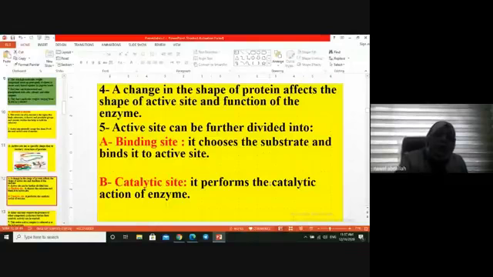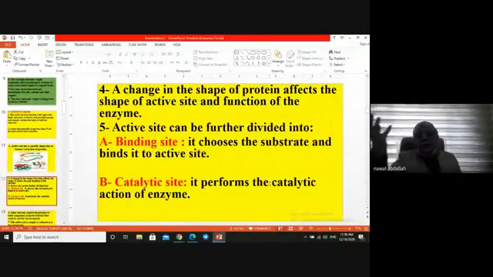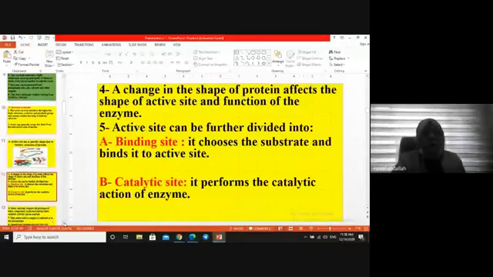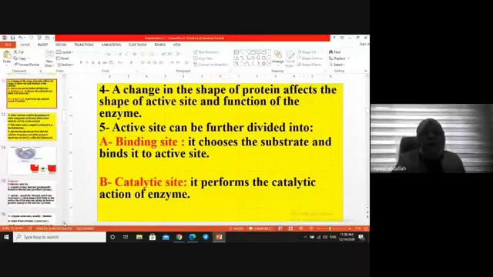The active site can be divided into two sites: the binding site and the catalytic site. The binding site is responsible for choosing the substrate and binding it to the active site, but the catalytic site performs the catalytic action of the enzyme.